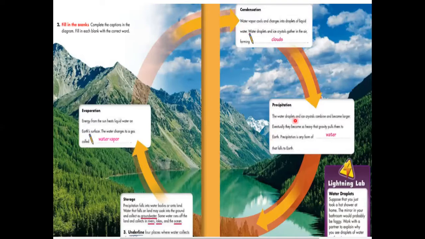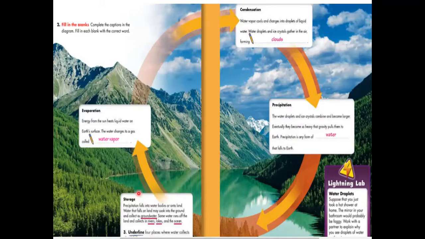Precipitation. The water droplets and ice crystals combine and become large. Eventually, they become so heavy that gravity pulls them to earth. We call it precipitation. What is the meaning of precipitation? It is any form of water that falls to earth.